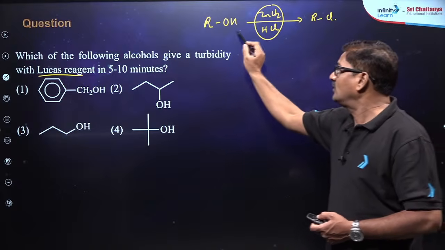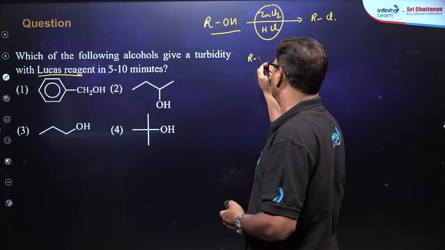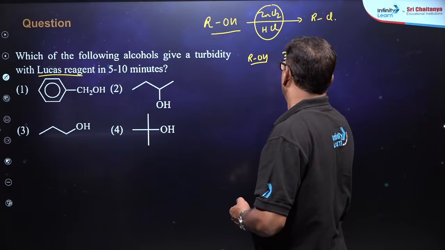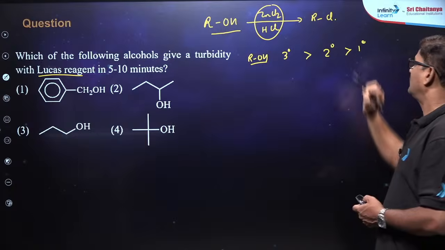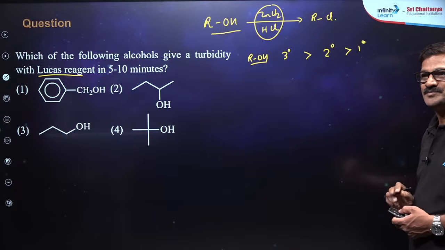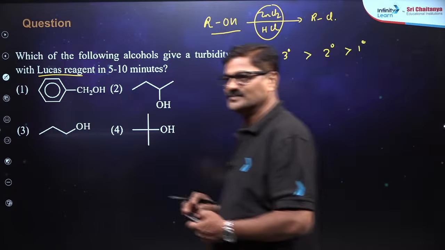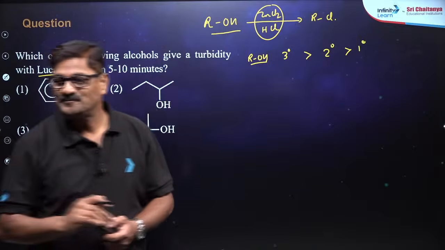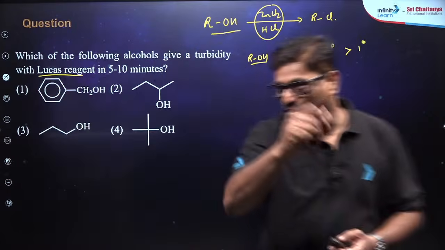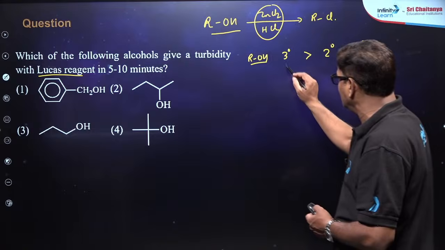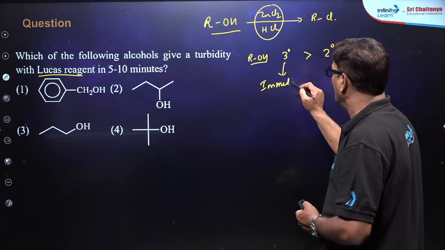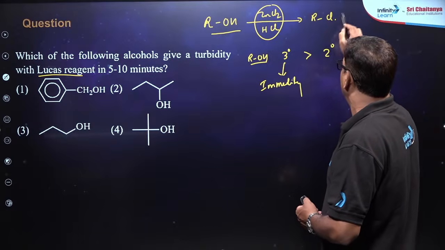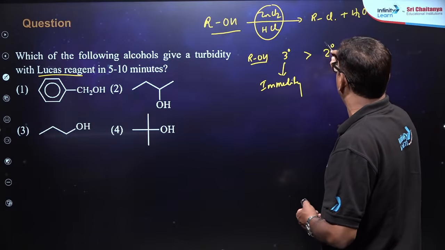Reactivity of alcohols: tertiary alcohol is more reactive than secondary alcohol, which is more reactive than primary alcohol. Ashish Burman. Arpit Pandey wanted 2. Wonderful. You can see it is going to give the turbidity immediately.